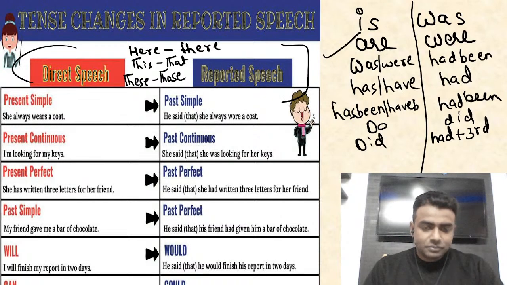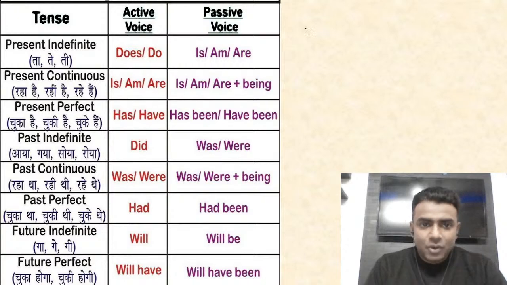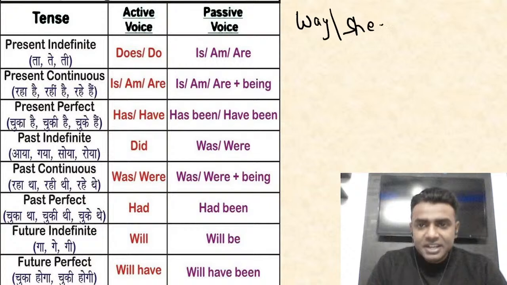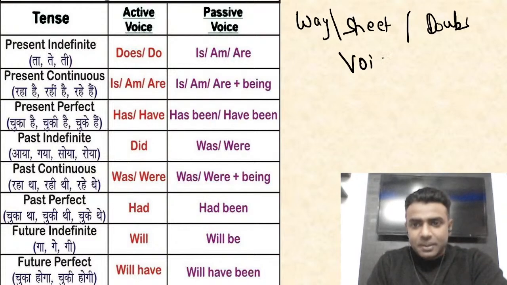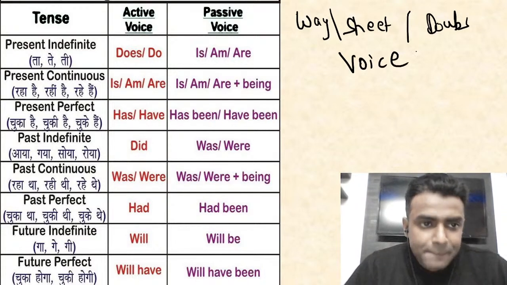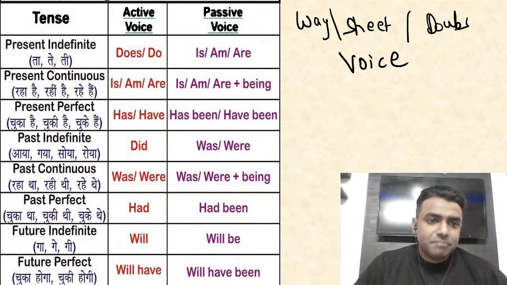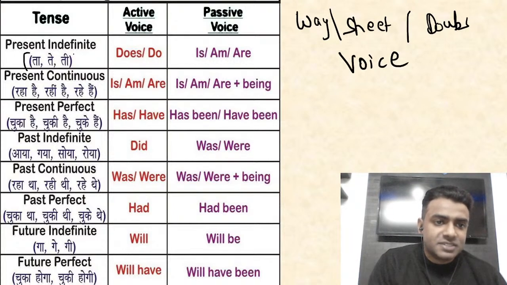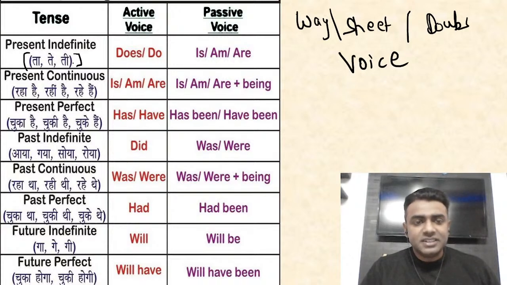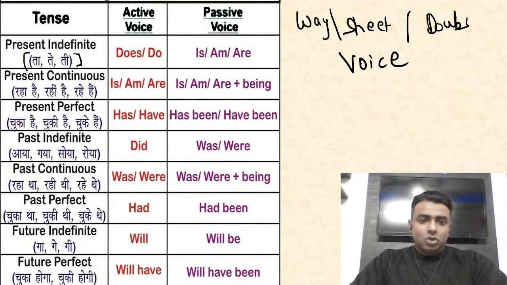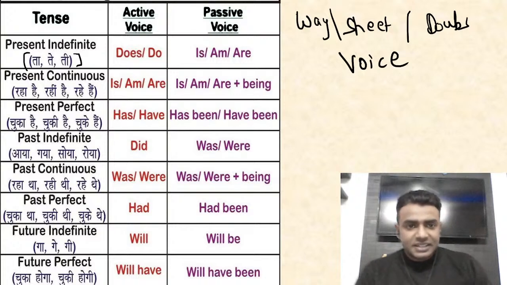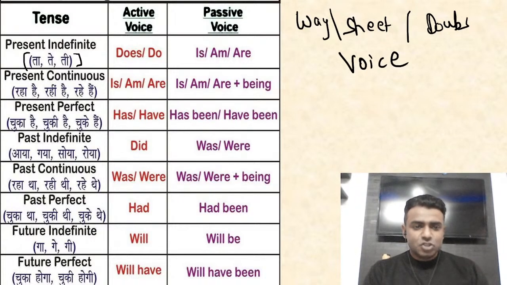Okay. Now, next slide. Active passive voice. I think this is the best sheet that will clear all your doubts. This is called voice. Active and passive voice, my dear students. Note it down. I have mentioned even Hindi terms under the heading of tenses. There is nothing to explain in this because it has been so clearly explained. Now listen.